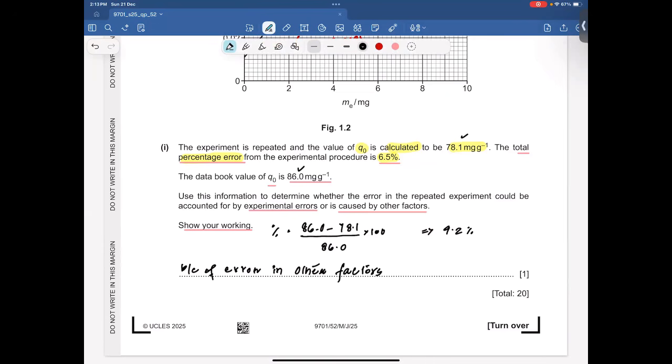So, due to total error being greater than error from experimental procedure.